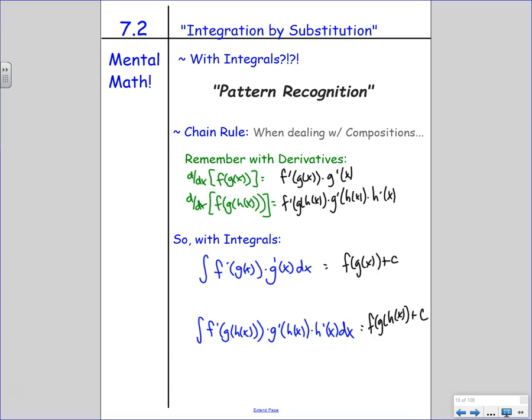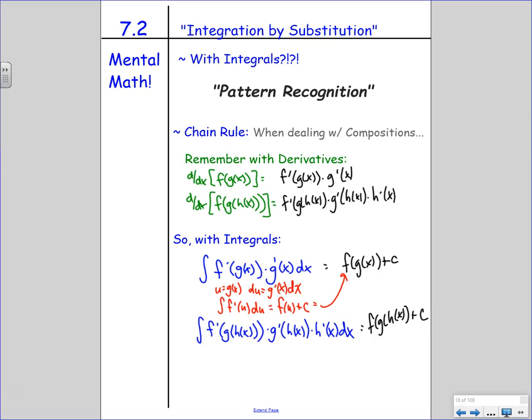Now, how does u-sub work? Just a quick reminder. Couldn't I say that u is equal to g of x? du is equal to g prime of x dx. And then couldn't I rewrite this to be the integral of f prime of u du, which would equal f of u plus C, which, when I plug in u as g of x, is f of g of x plus C?